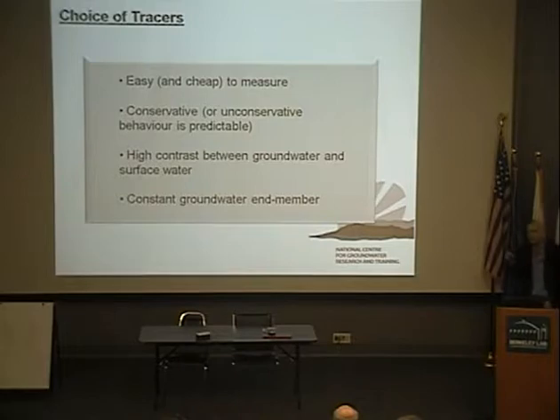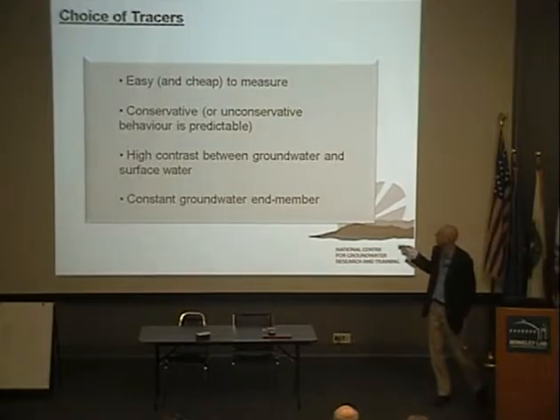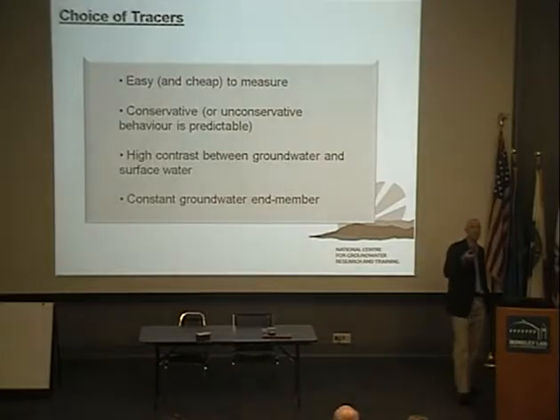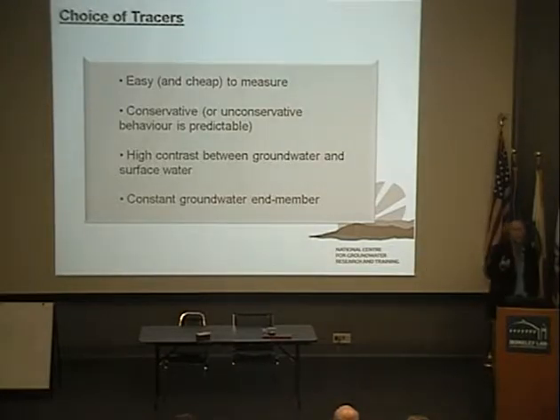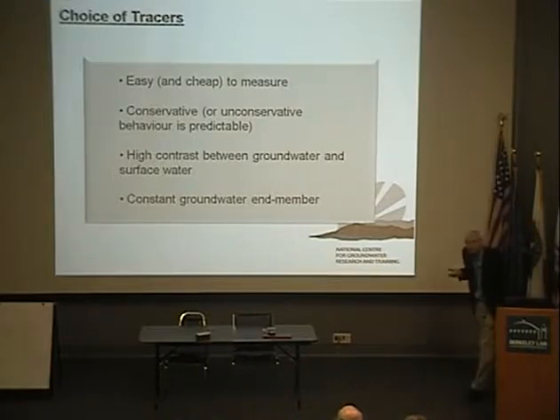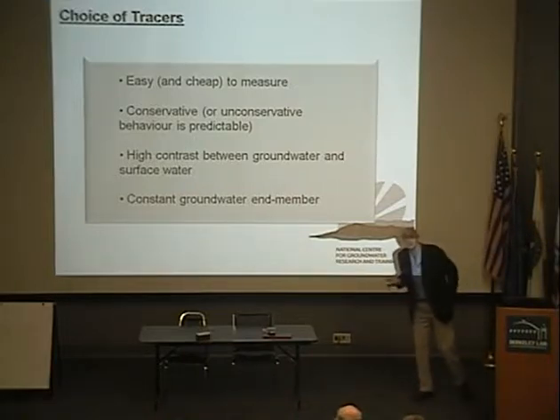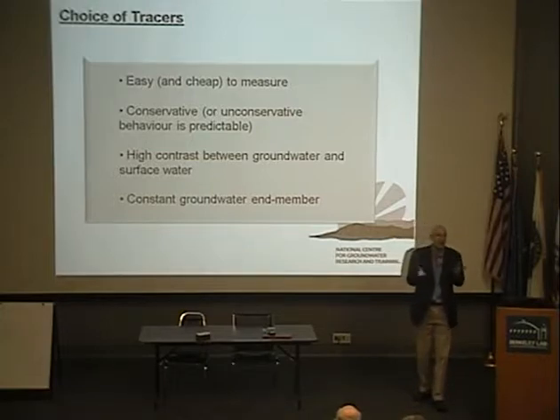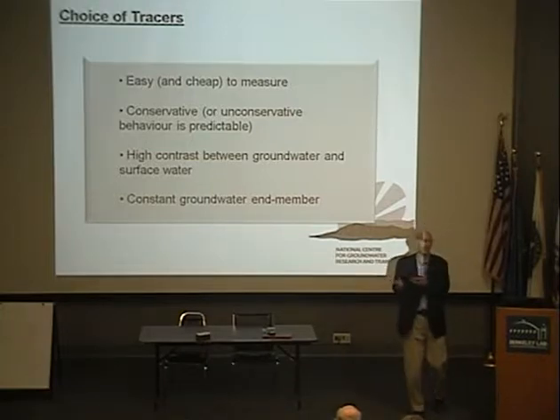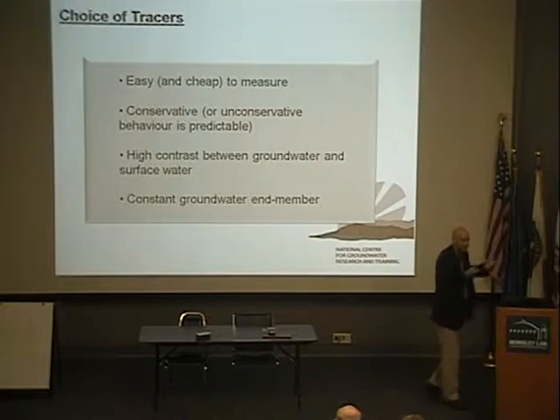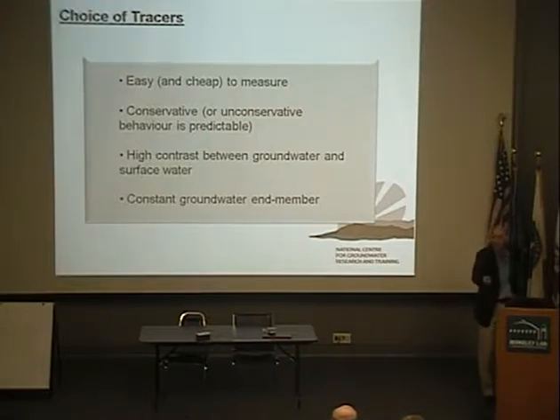In terms of choosing what we measure, well, we clearly want to use something that's easy and cheap to measure, or that's preferable. We want to use a tracer that behaves conservatively, or at the very least, the non-conservative behaviour is reasonably predictable. If it must react, let's at least have it so that we can predict how it's going to react.